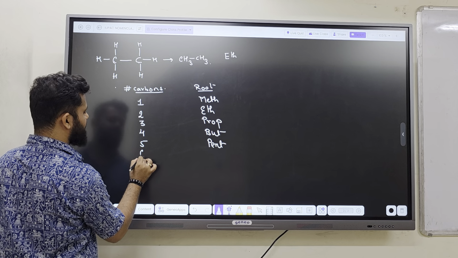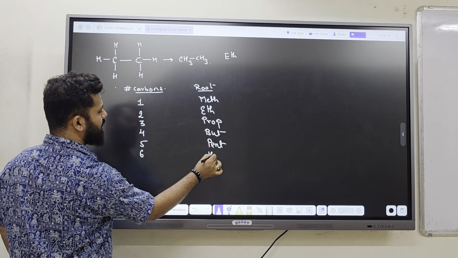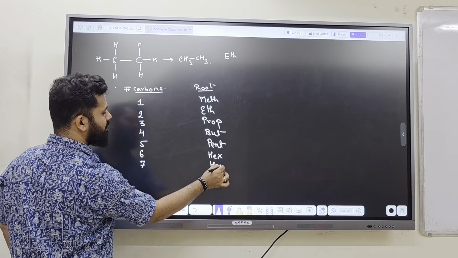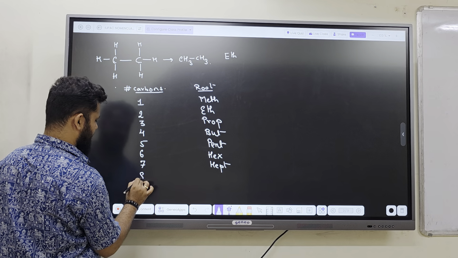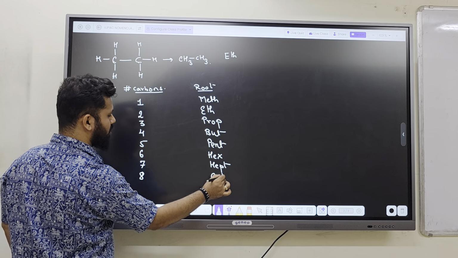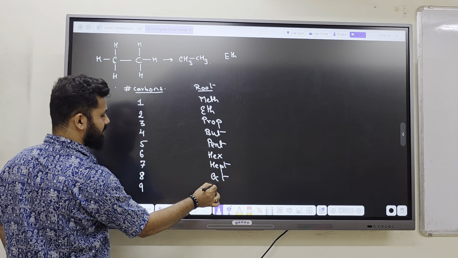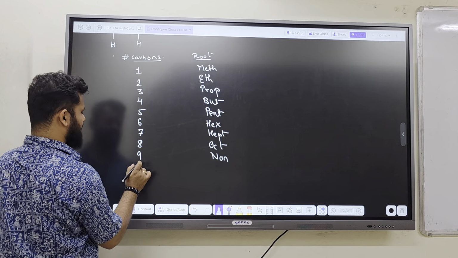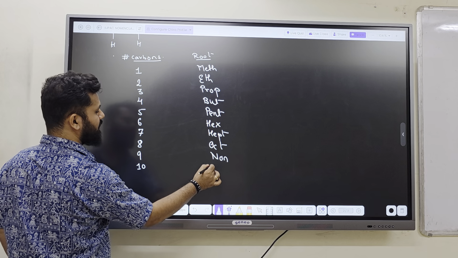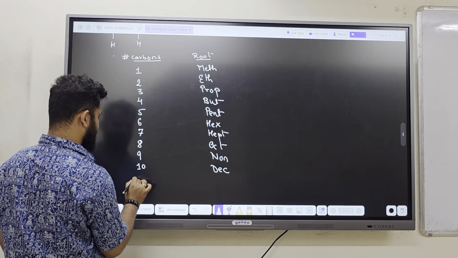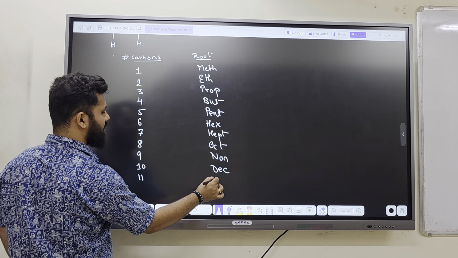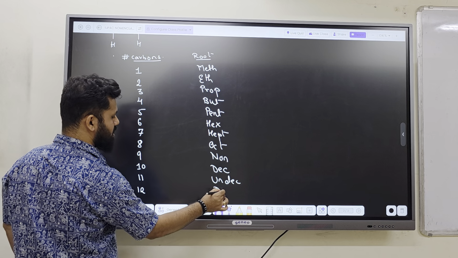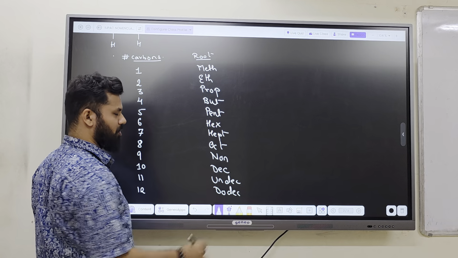If the number of carbons is 6, the root word becomes hex. 7, then hept. 8, then oct. 9, then non. Further, if it is 10, then we call it dec. 11, then undec. 12, then dodec, and so on.